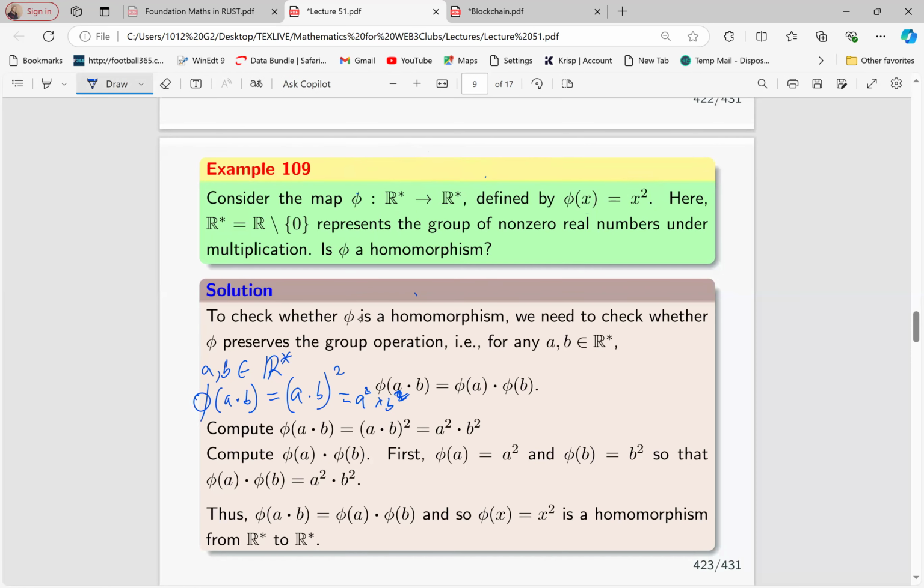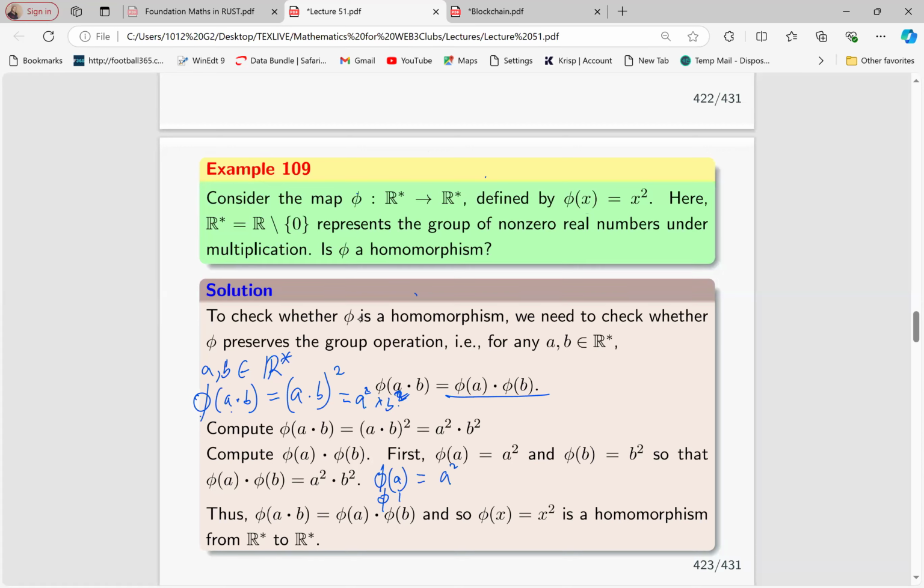Now, the left-hand side, phi of A times B, is the same as the square of this product, which is A squared times B squared. What about the right-hand side? Let's consider phi of A, which should be A squared. What about phi of B? That's B squared.